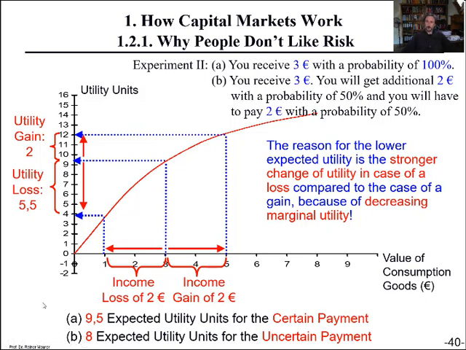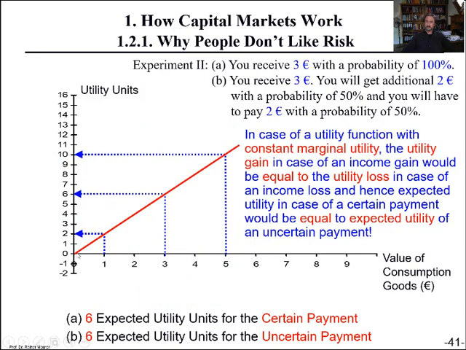This becomes obvious if we compare such a utility function with decreasing marginal utility with a utility function like this that has the property of constant marginal utility.